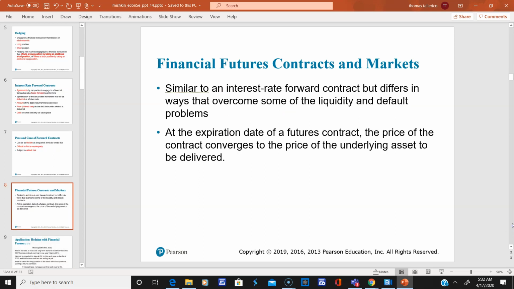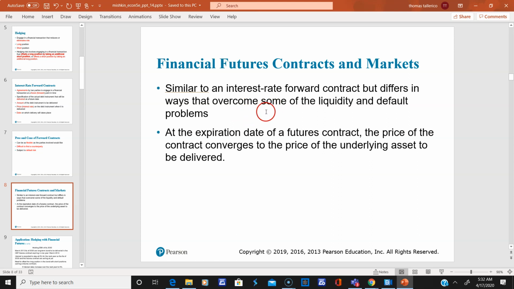All right. So as I just said, financial futures contracts are similar to interest rate forward contracts, but these are exchange traded for the most part. They're exchange traded, and they're not customized.